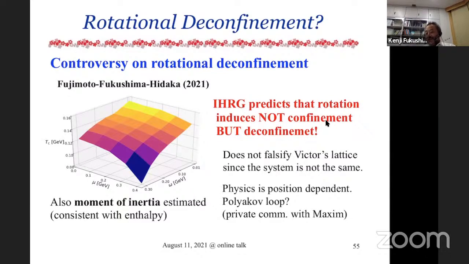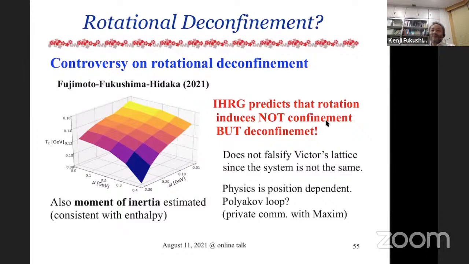But what we found was, if the rotation velocity is increased, then the deconfinement phase transition temperature is pushed down, okay? So this means that the system should go to more and more deconfined matter. So this is completely opposite to the lattice observation, and I have no idea how to explain the lattice data.